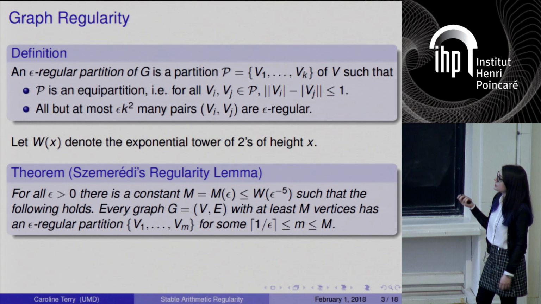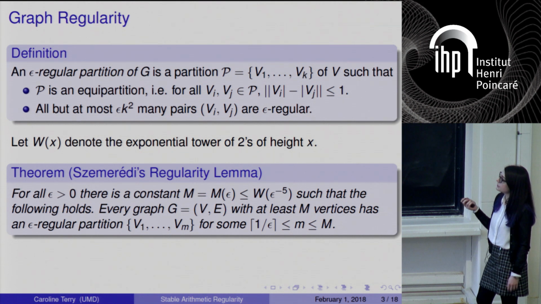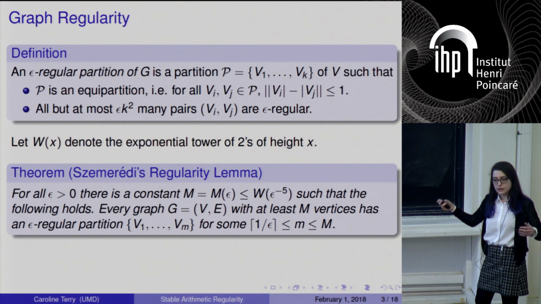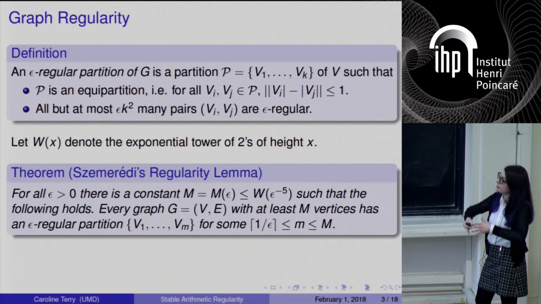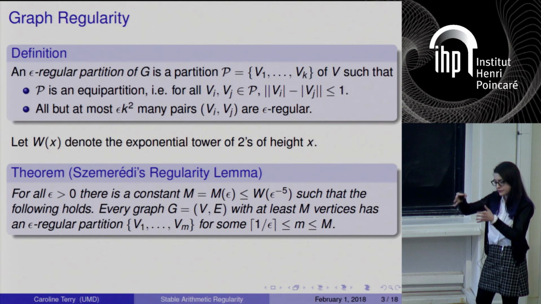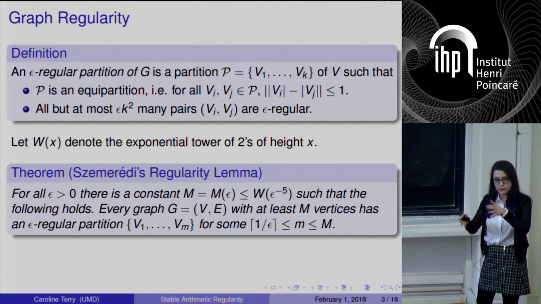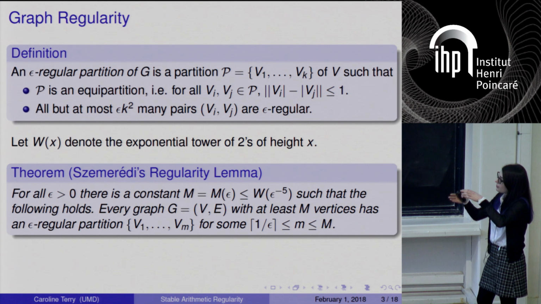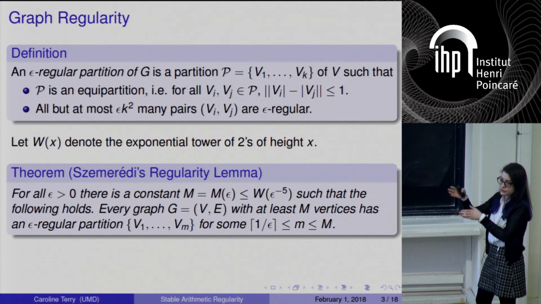This is interesting when the graph G is much larger than the bound M, because then you're taking a huge graph and breaking it into a relatively small number of pieces so that each pair of pieces you can understand in some way, in the sense that you have a density, and you know something about how uniformly distributed the edges are.